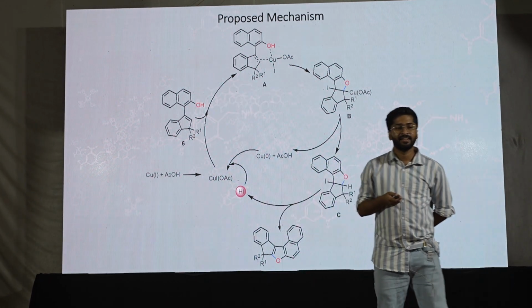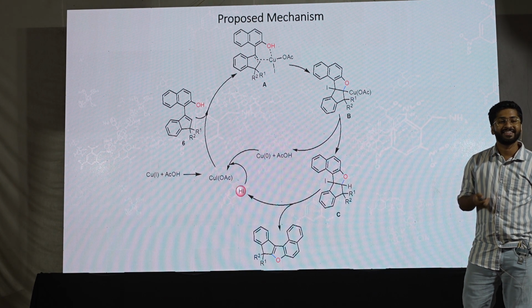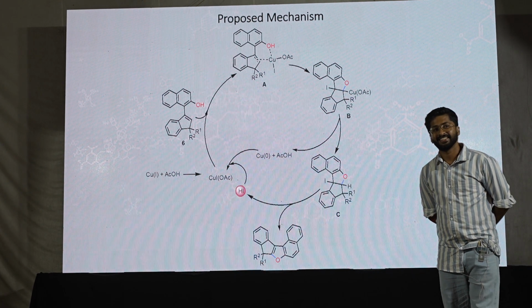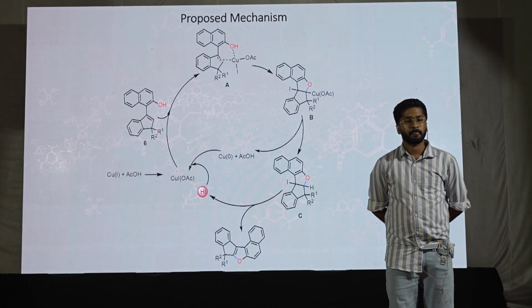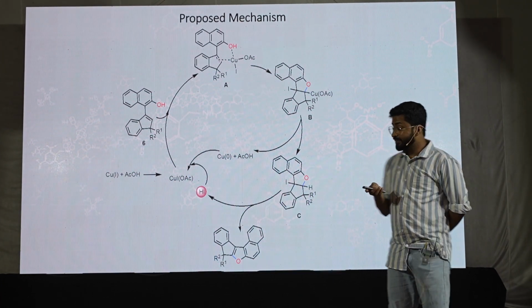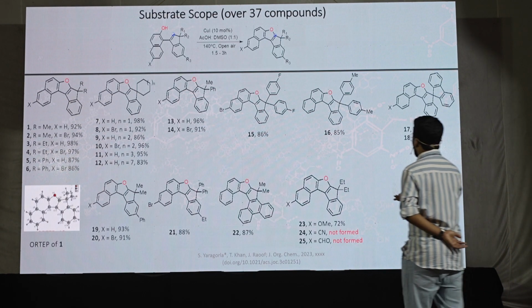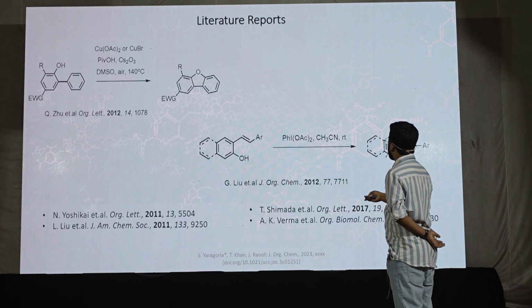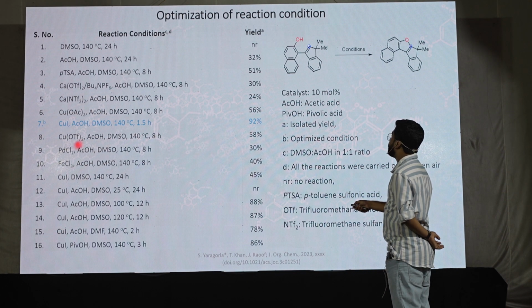What I don't understand is why copper iodide? Everybody is on copper iodide. I mean, that can be copper nanoparticles, copper chloride, copper whatever. Yes, in the substrate scope, we actually tried a reaction with copper acetate, if I'm not wrong. Yeah, there is an entry with copper acetate and copper citrate.